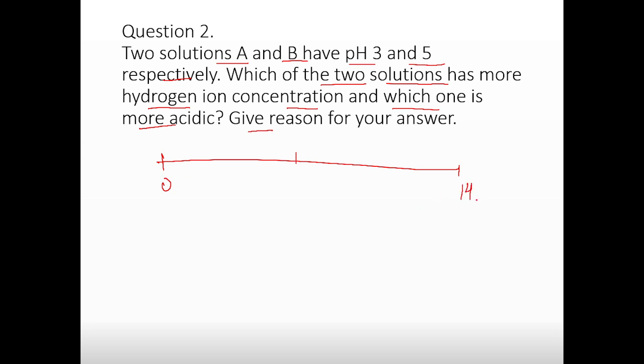From 0 to 7 it is acidic pH, whereas from 7 to 14 is basic pH. So less than 7 pH is acidic, more than 7 pH is basic.